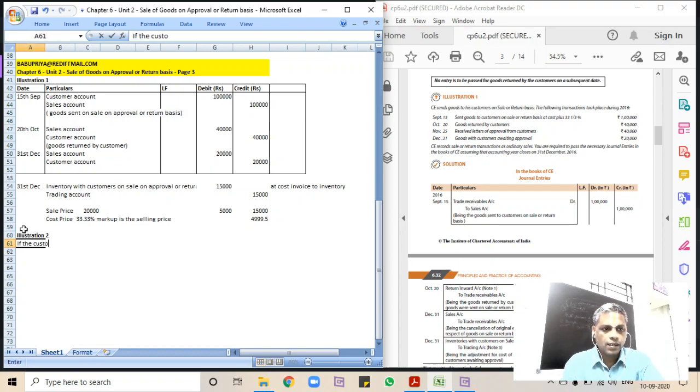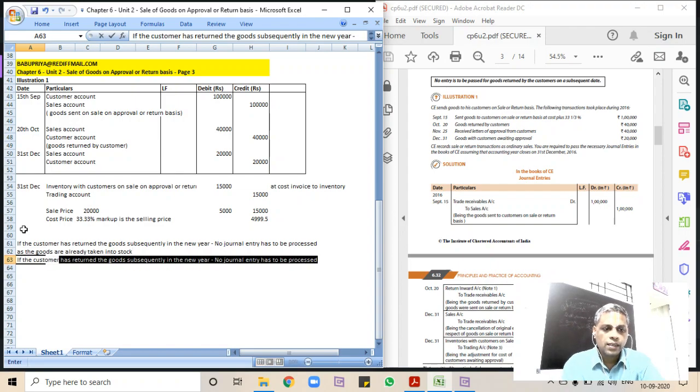If the customer has returned the goods subsequently in the new year, then no journal entry has to be processed as the goods are already taken into stock.